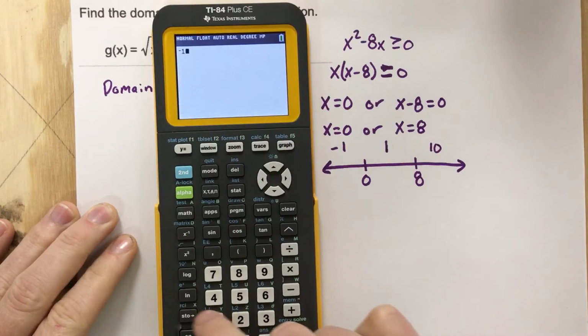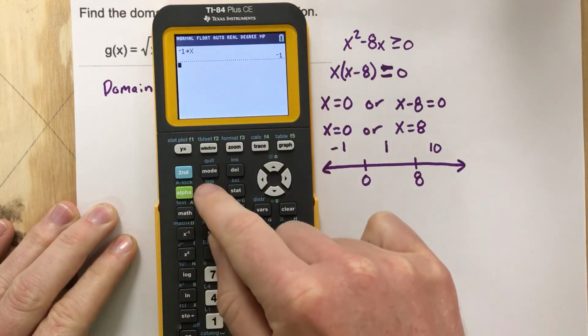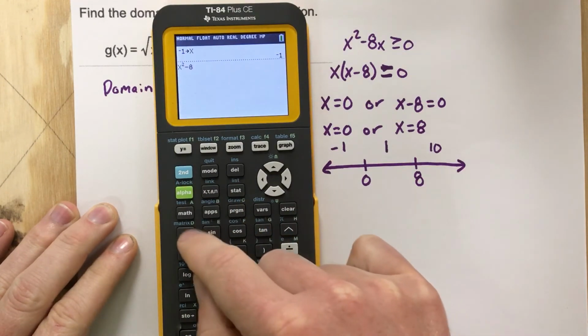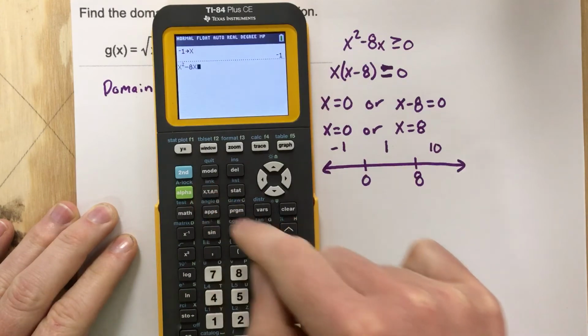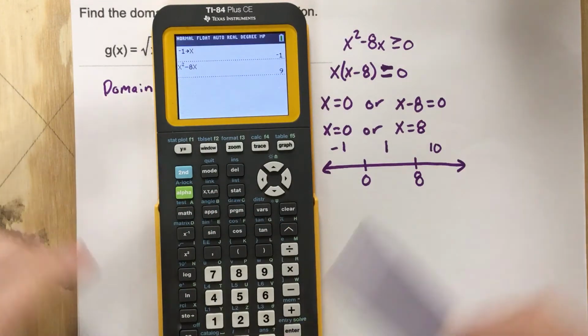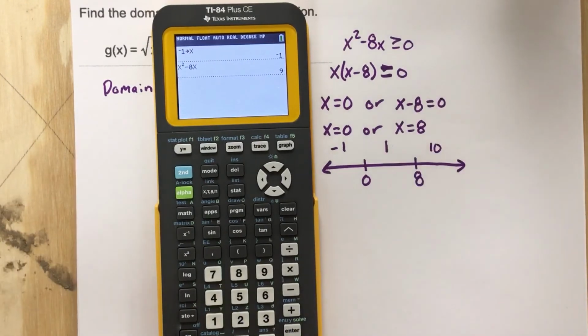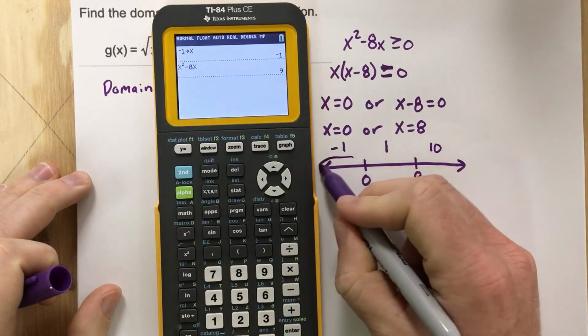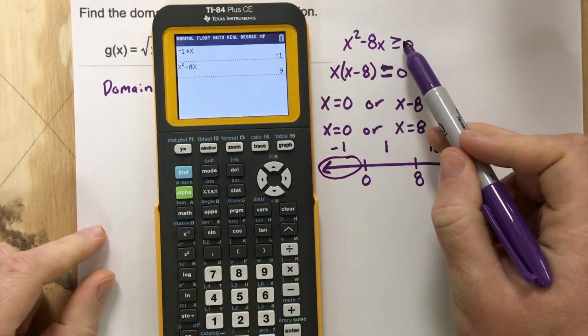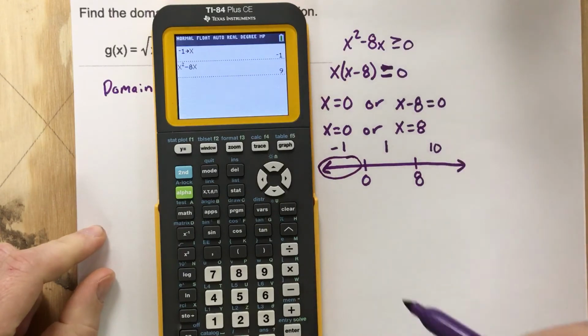I'm going to say negative 1, store it as x, and then type in x squared minus 8x. Hit enter, and that's 9. So 9 is greater than or equal to 0, so this area on my number line gives me values that are greater than or equal to 0, so those values are going to work for the radical.